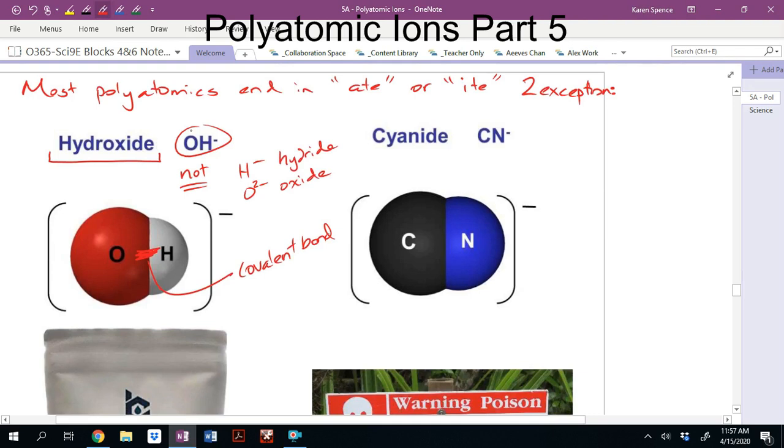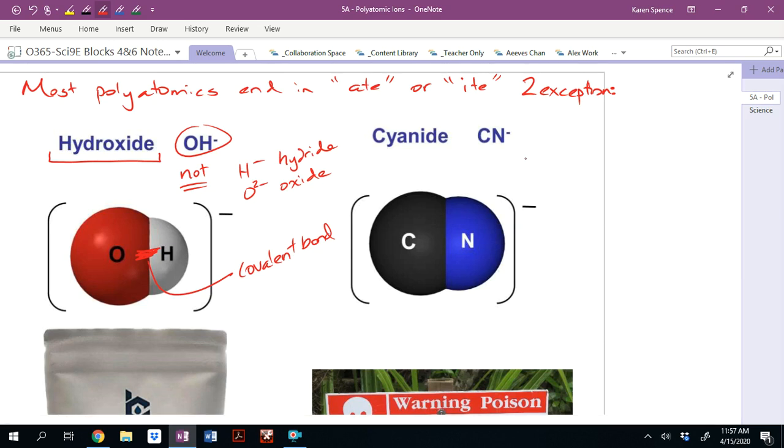The other one is cyanide. I can't think what you would think cyanide would be. There's no element that sounds like cyanide.